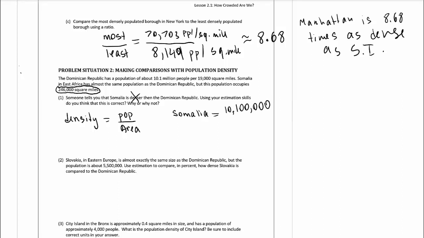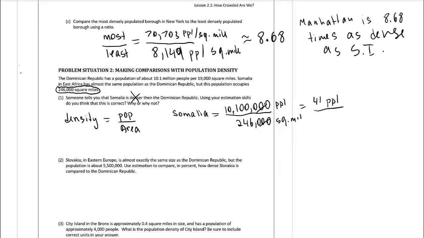So 10,100,000, and you divide it by 246,000. So this is the people per square mile. If you divide that, let's see, 10,100 divided by 246 is about 41. So you have 41 people per square mile.